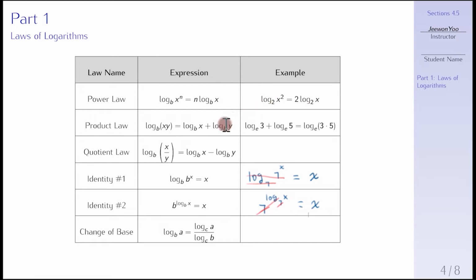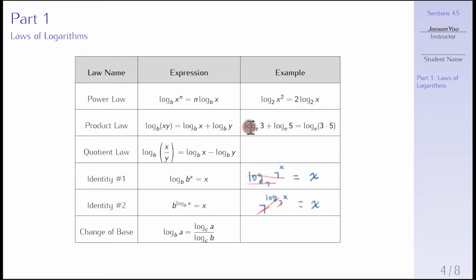Another one is called the product law. In other words, if you have something multiplied with another thing, like x and y, you can split this into two different logarithms like this: log base b of x plus log base b of y. You can split this into two different logs, but be careful, it has to be a plus sign.